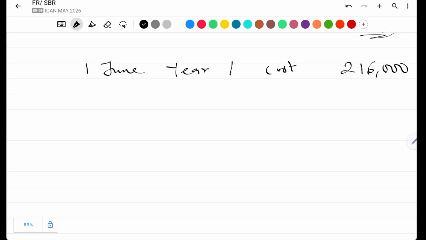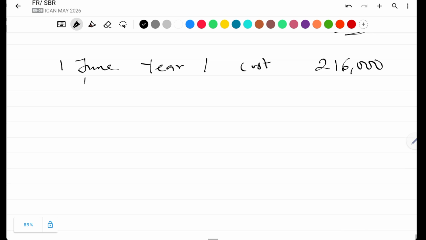The asset is depreciated by the straight line method. The financial year is from 1st of January to 31st of December. The asset was sold on, wow. Okay, so I've omitted something. Residual value, useful life.